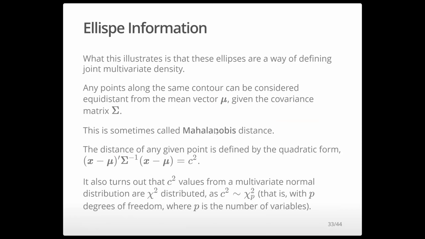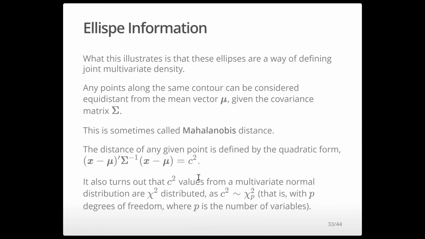So what we're illustrating here is that these ellipses are a way of defining the multivariate density. Any points along the same contour or ellipse can be considered equidistant from the mean vector given the covariance matrix. This is referred to sometimes as Mahalanobis distance. I may not have pronounced that correctly, but that's one of the terms you'll see for it sometimes.